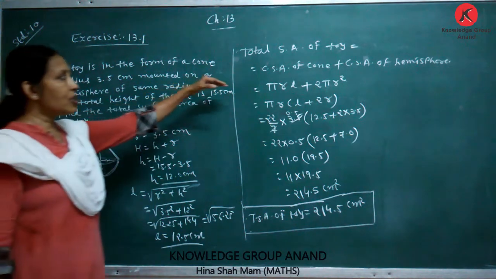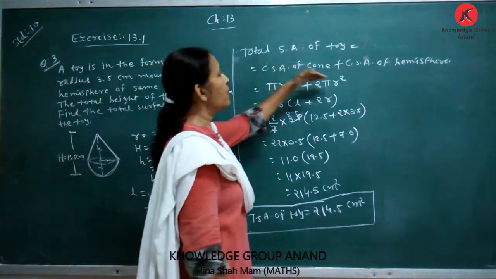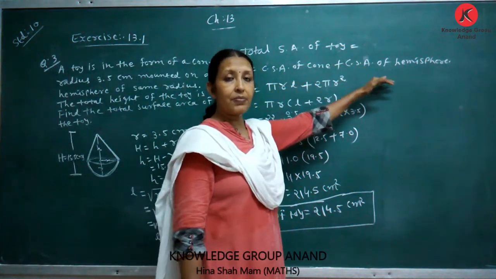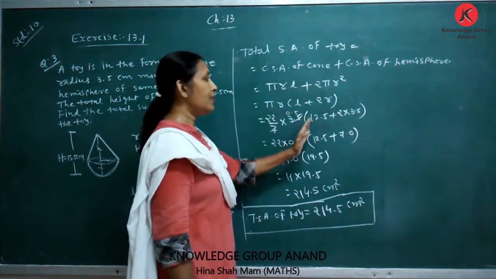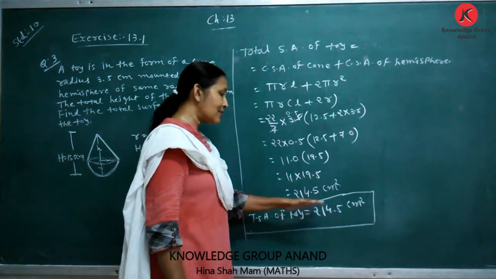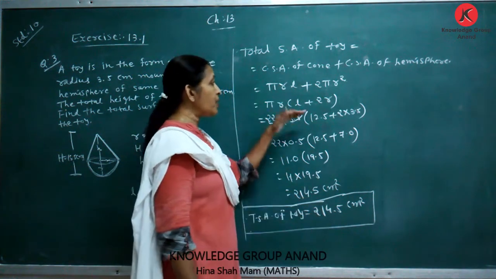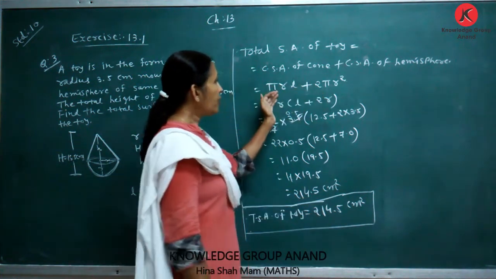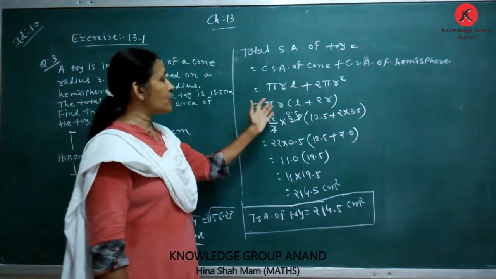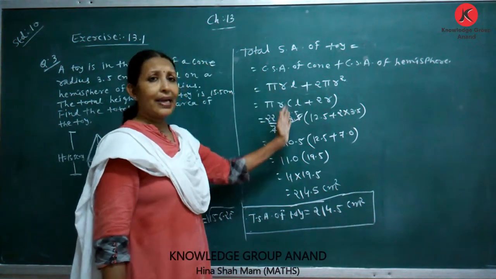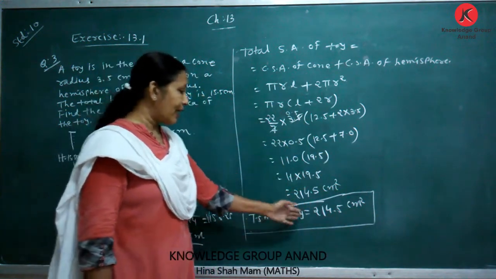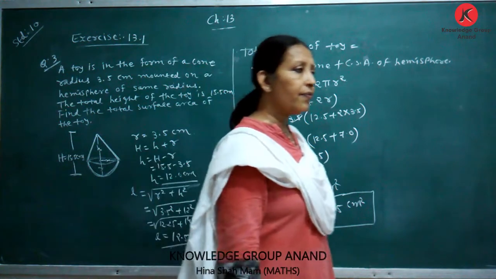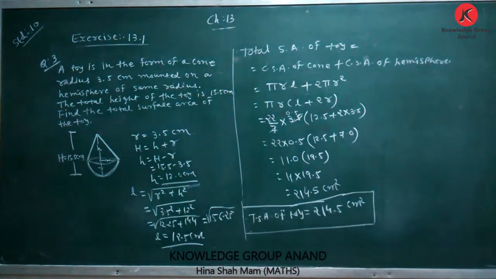Using this formula, curved surface area of cone plus curved surface area of hemisphere, you should calculate separately and add them. The answer is 214.5. Suppose you do not take the common terms, then you calculate pi r l plus 2 pi r square and sum these two terms. Then the answer is also 214.5.